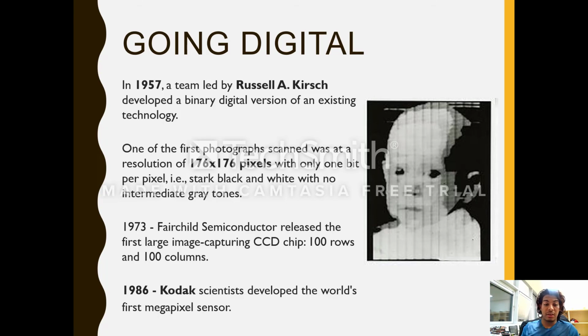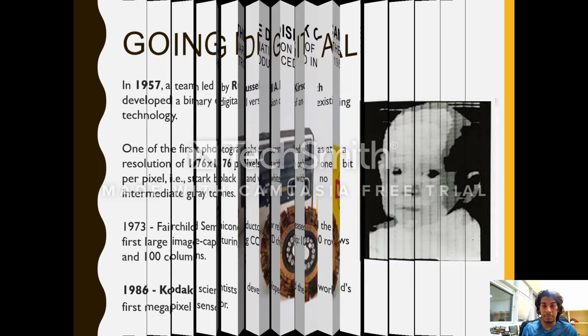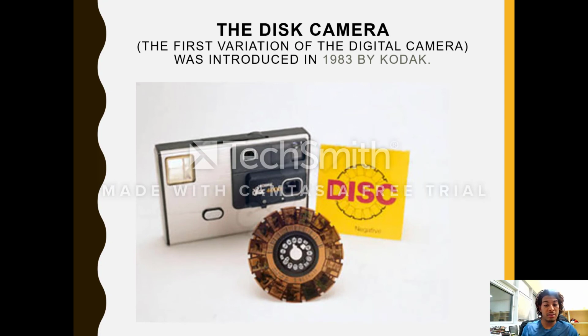There were different other techniques which came along, like CCD, and Kodak scientists were actively working to develop digital photography at the same time. And this was also in the year 1983 when Kodak came out with the first disc camera.